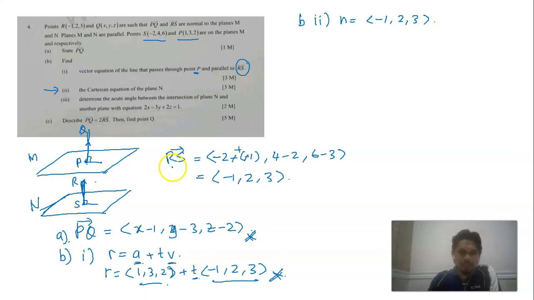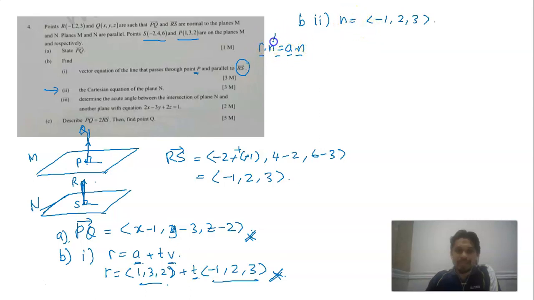As we mentioned earlier, RS is normal to the plane N. And we use the coordinate of P as our reference, since we know that the equation of plane is r dot n equals a dot n.